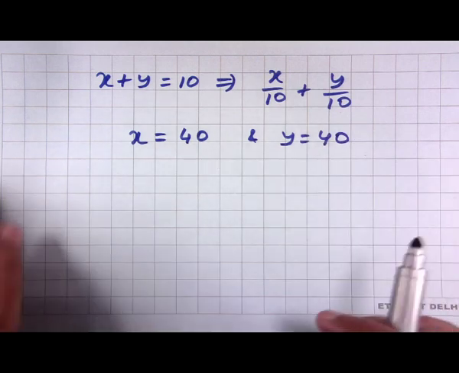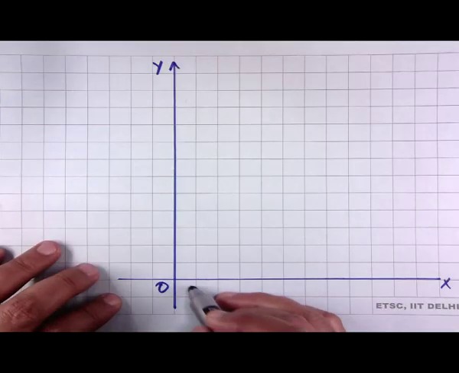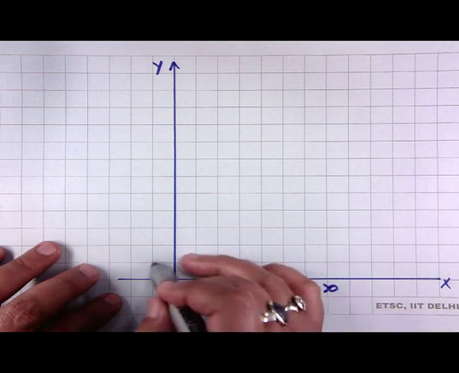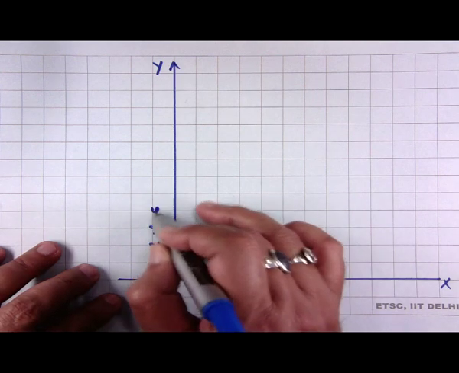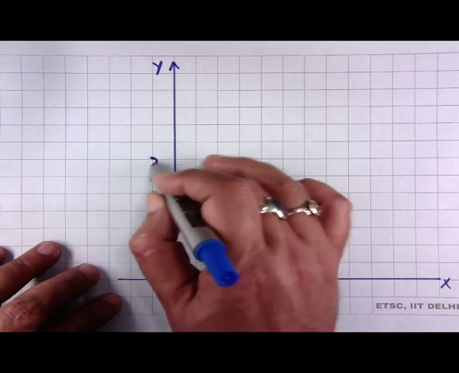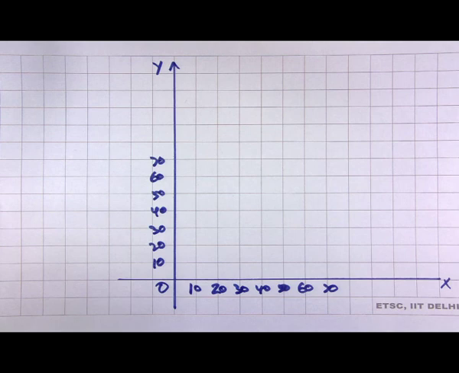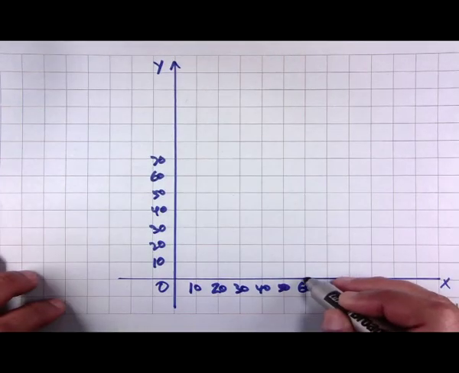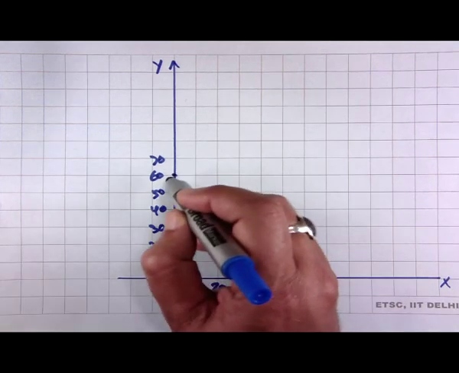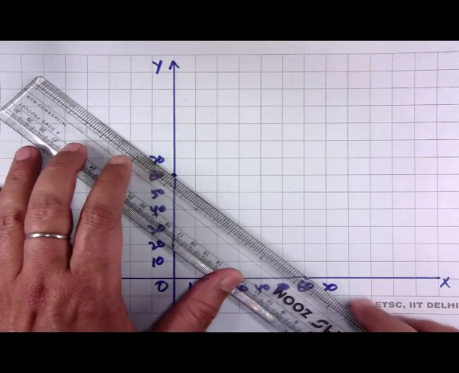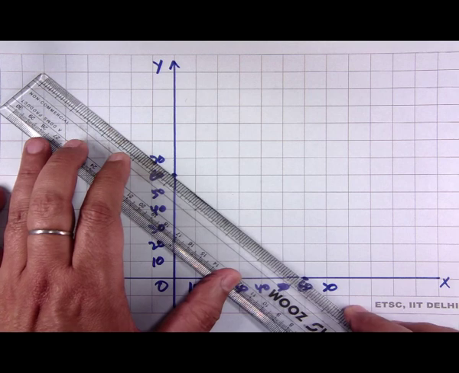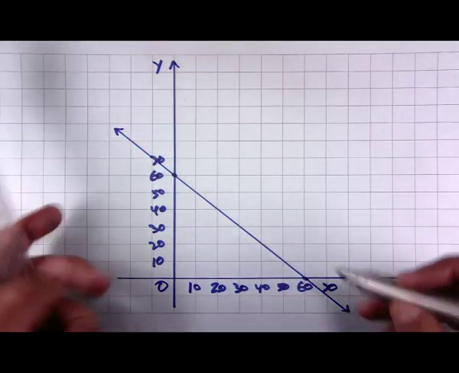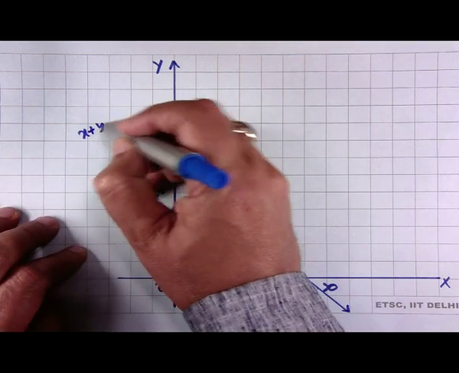Now draw the graph of these equations. So for the first equation, x by 60 plus y by 60, the x intercept is 60 and the y intercept is 60. x plus y equal to 60.